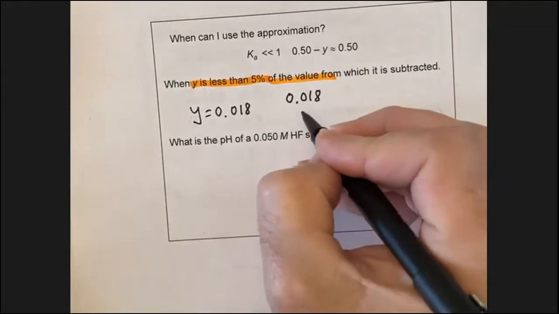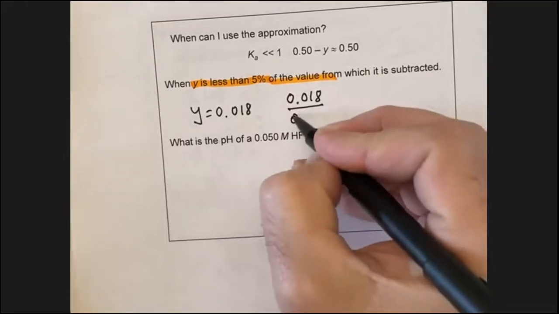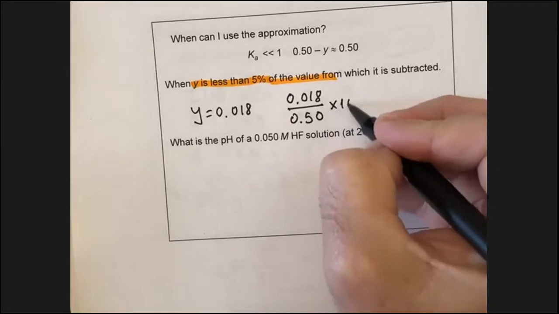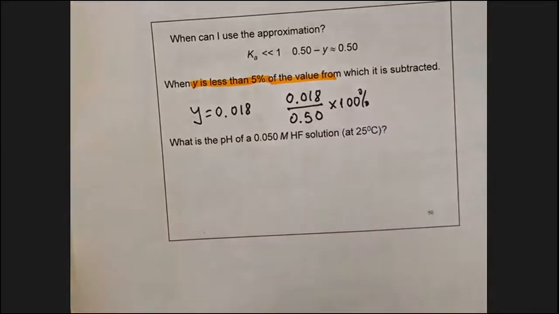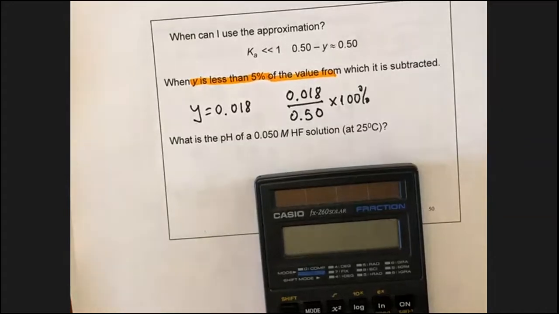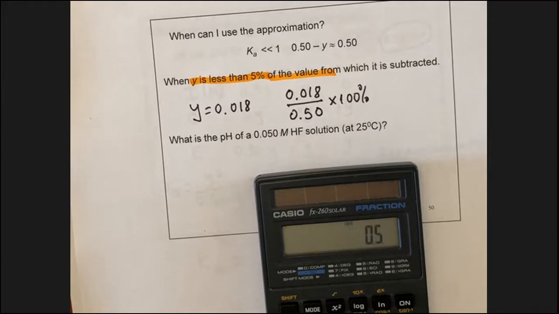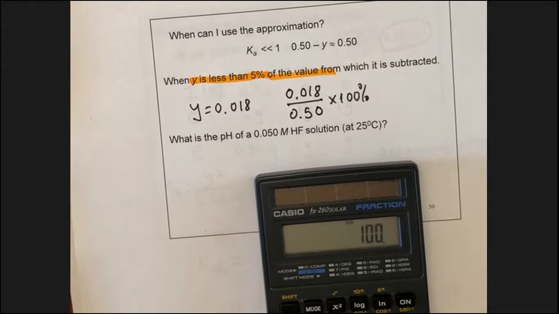We're going to divide 0.018 by the initial amount, 0.50, times 100%. Let me get my calculator. 0.018 divided by 0.50 times 100%.